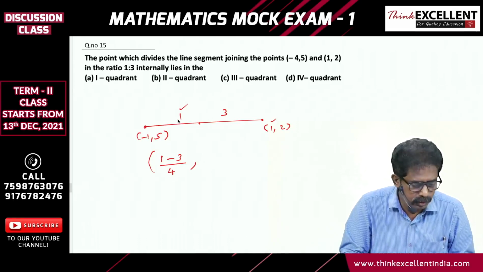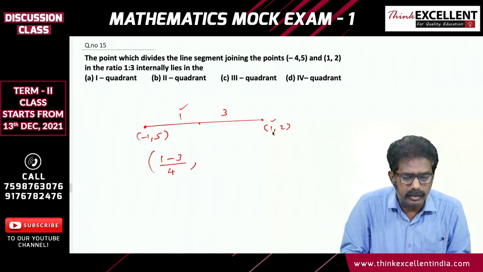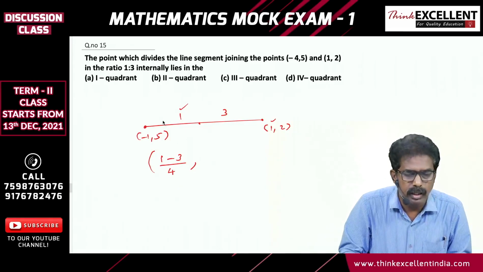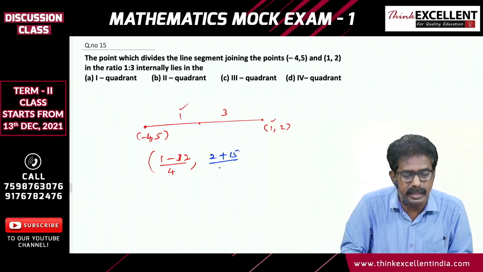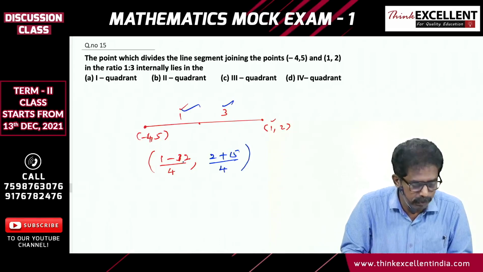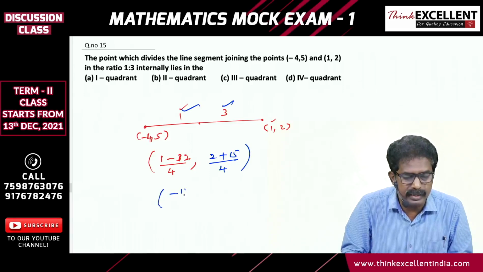Now for the y coordinate, 1 into 2 plus 3 into 5, 5 3s are 15, divided by m plus n, that is 1 plus 3, it is 4. When you simplify, you are getting -1 by 4, 17 by 4.